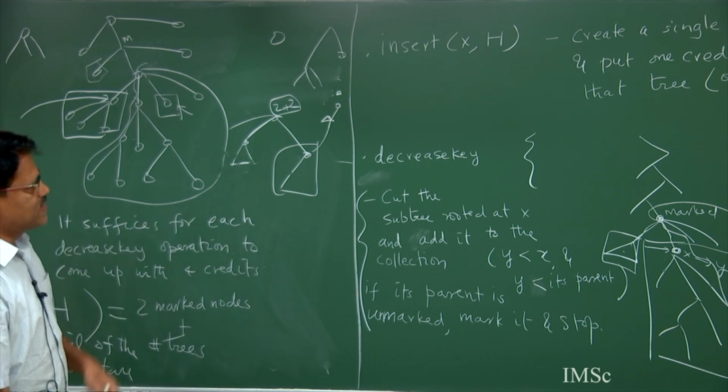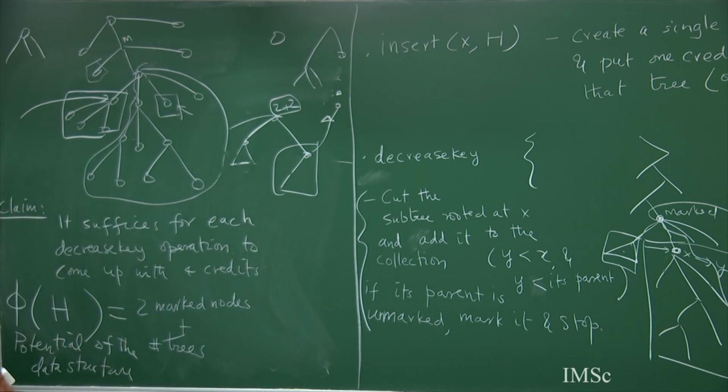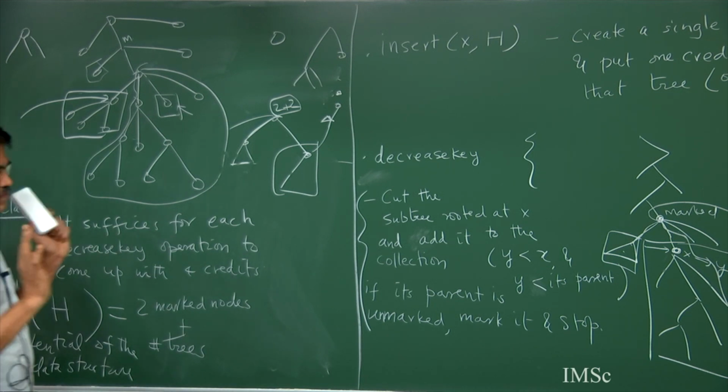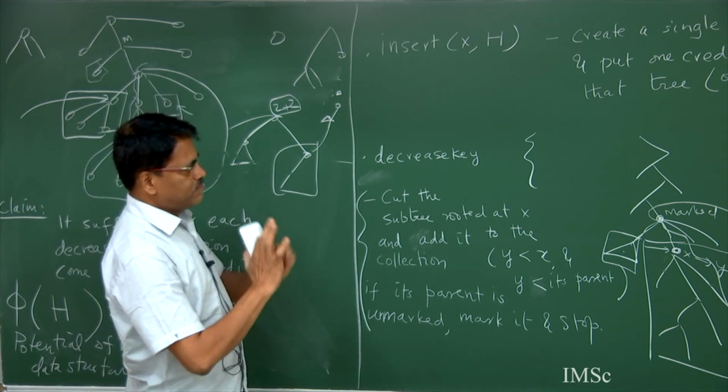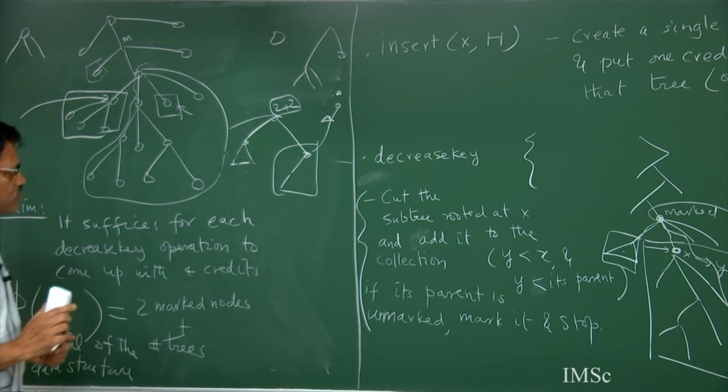You can see that decrease key in the worst case can be pretty bad. It can be as bad as the height of the tree, because you can just go up and up and up, and we really have no control on the height. It's not even log n. We'll see. But I don't care. I care only about the amortized cost, and that's constant.